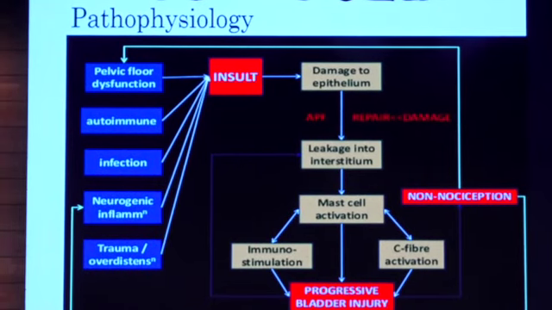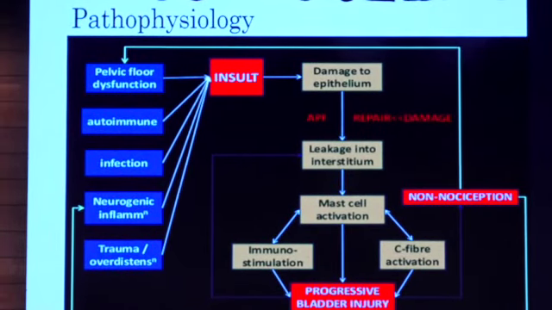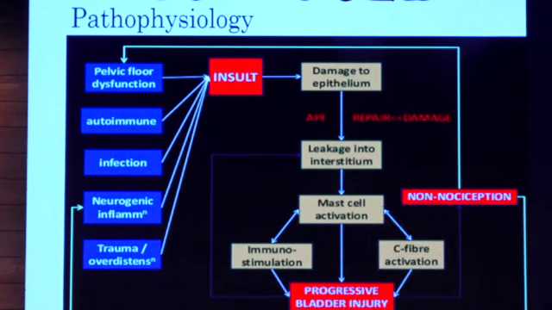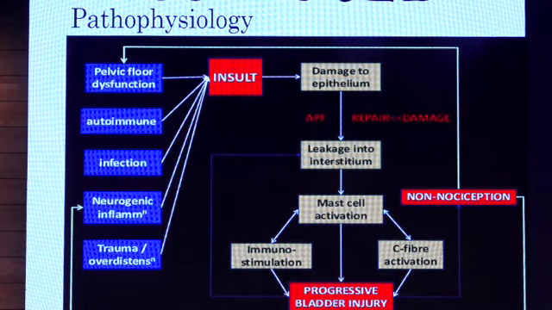This leakage causes inflammation, mast cell activation, immunostimulation, and C fiber activation, and this is responsible for most of the symptoms of frequency, urgency, and discomfort.